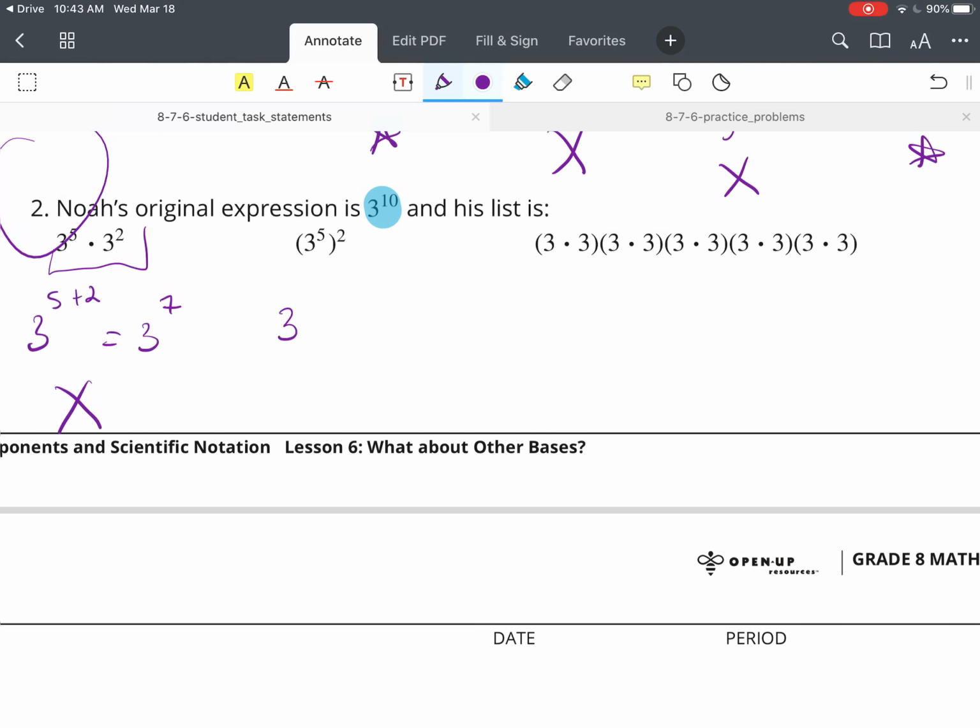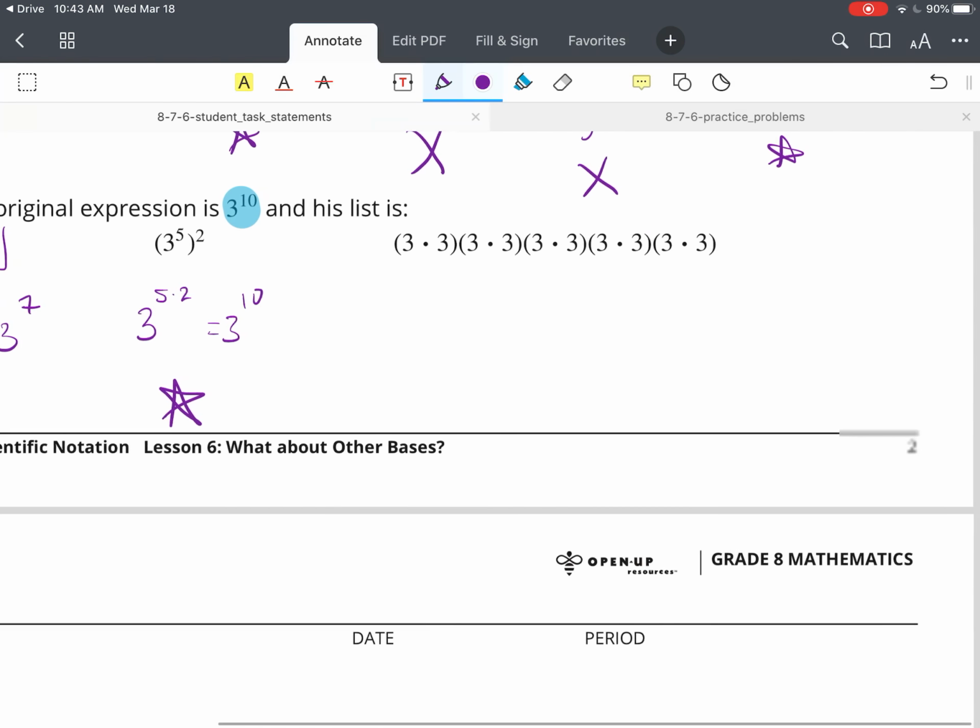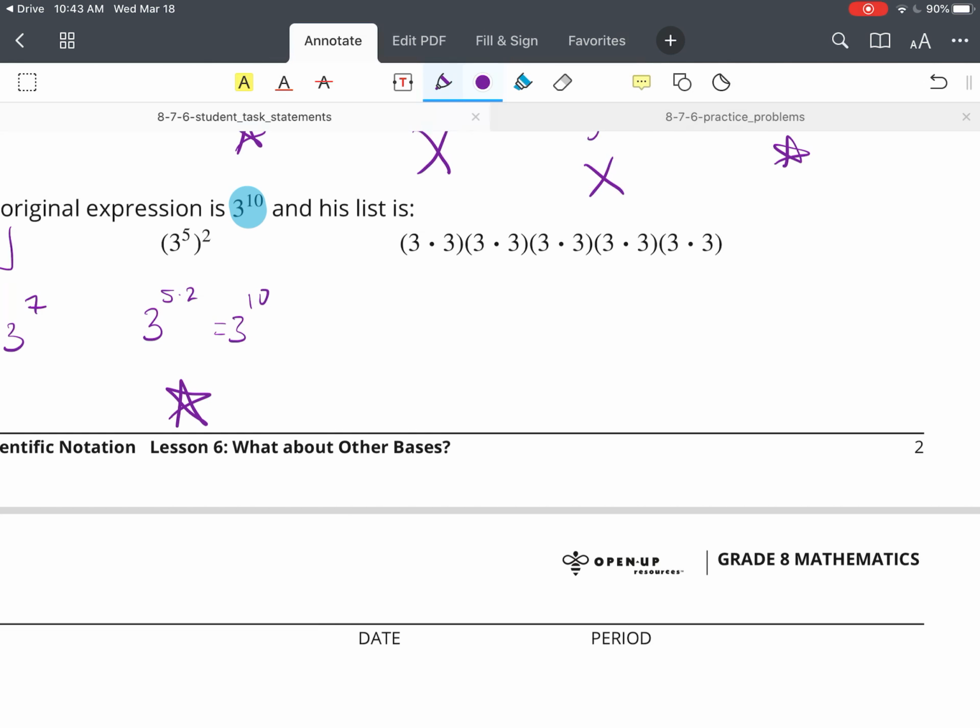We're going to multiply the exponents. So that's going to be 3 to the 5 times 2. That's 3 to the 10th. Put a star to it. Ooh, let's count. 1, 2, 3, 4, 5, 6, 7, 8, 9, 10. This is 3 to the 10th.